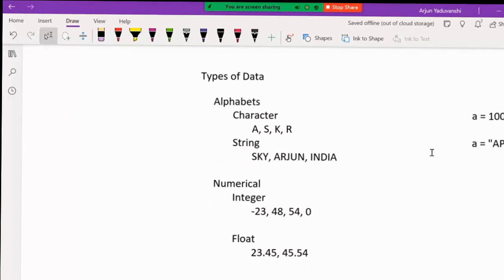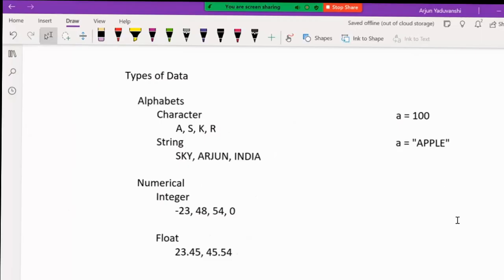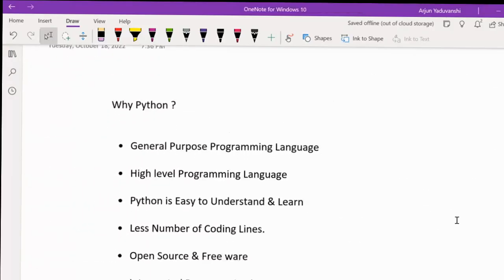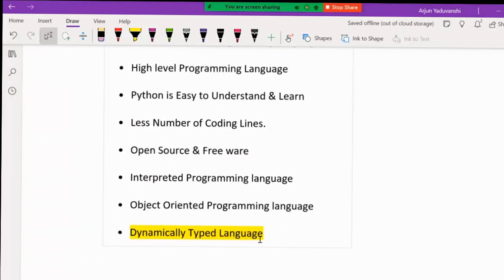This is a very important concept, and because of this dynamic typing only, Python is so powerful now. This is really an amazing way of designing the memory management. I will explain that. So that is about dynamically typed. In a simple nutshell, a variable can change its data type during the execution.